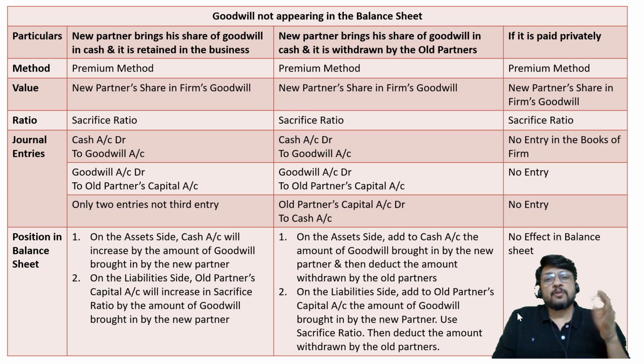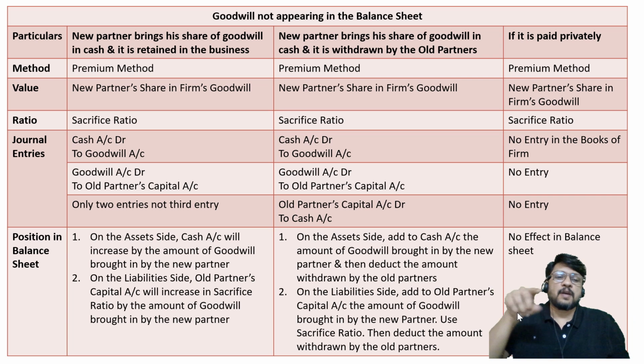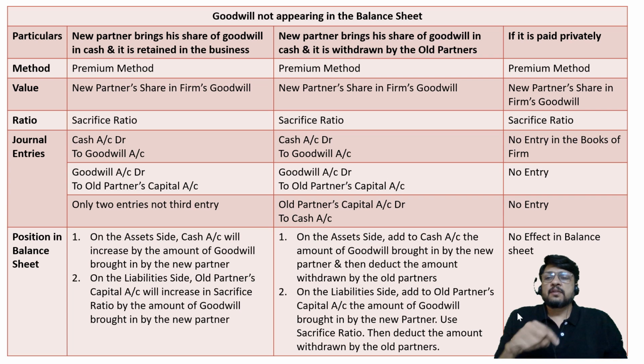Instead they are telling you the firm's goodwill is valued so and so. Then we should be careful, because the goodwill is not appearing in the existing balance sheet. The problem is not telling us the amount brought by him in cash. Instead the problem is telling us the value of the firm's goodwill.